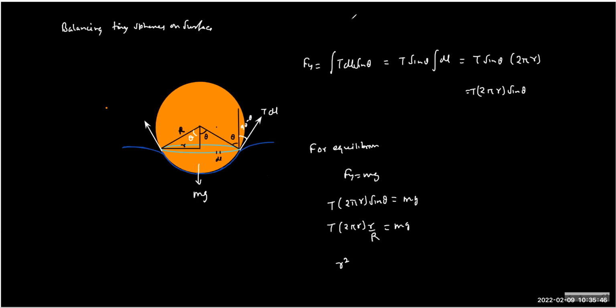So what is the biggest radius of the seed that we can balance? The capital R is 2 pi T r square by mg. And we know that the maximum is when r is capital R, because this r we can grow up to capital R. So r max is how much?